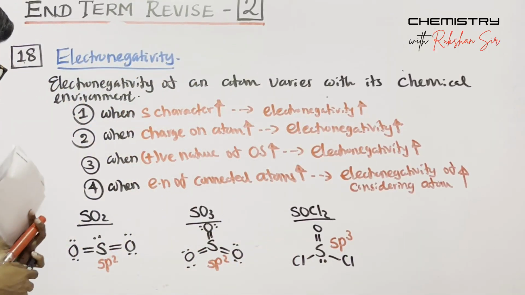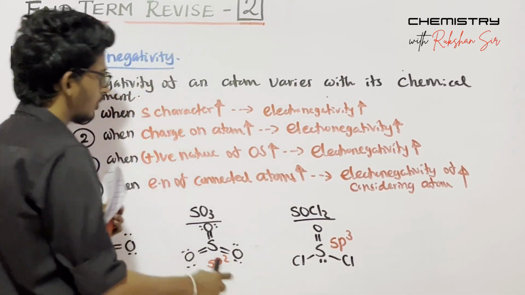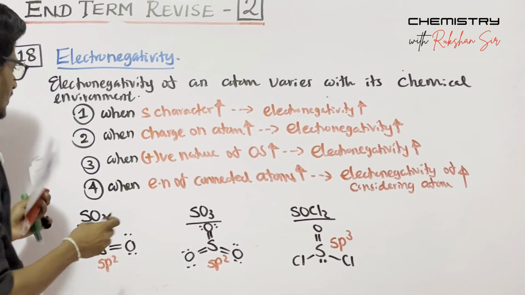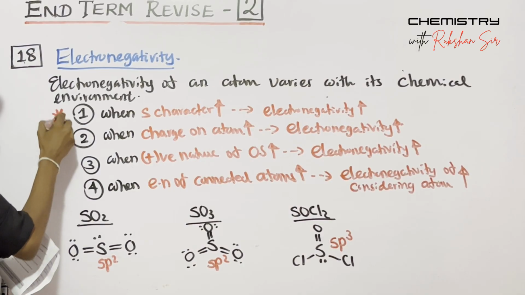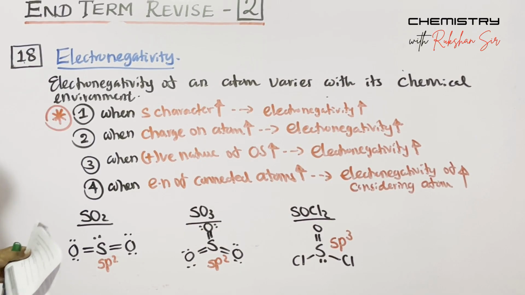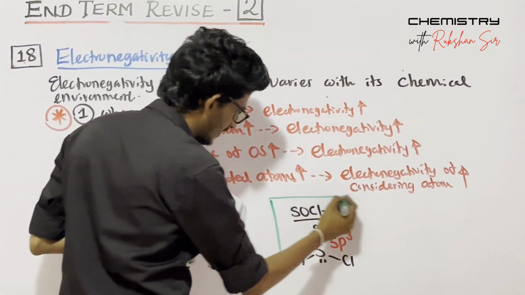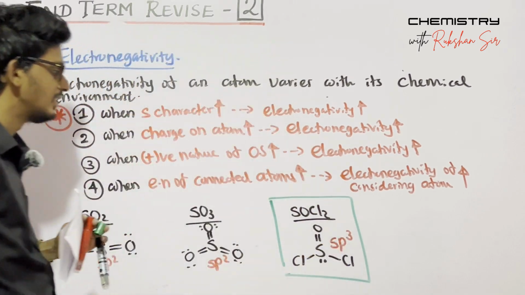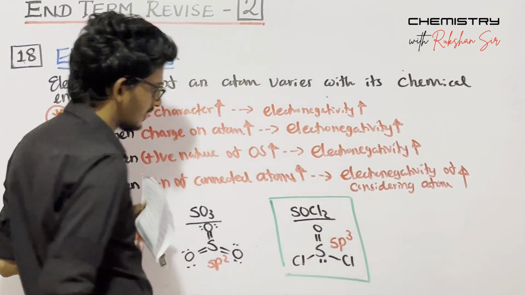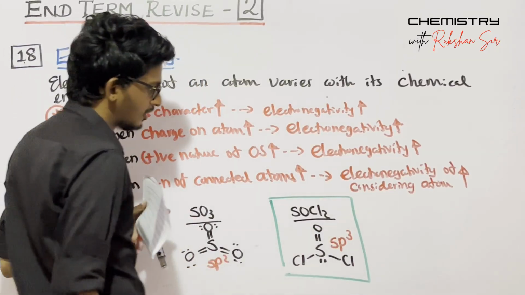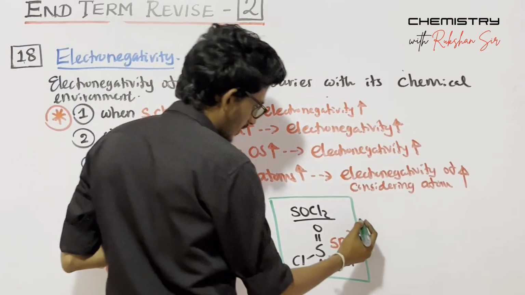When the s character is low, your electronegativity is low. You can use this theory to decide the answer here. In sp3 hybridization, the least s character appears. More p character is there. Out of 4 orbitals, only 1 is s. So here you are with the least electronegativity.